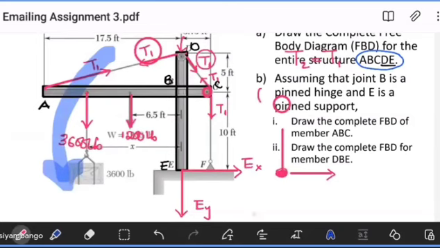So if you are dealing with a pin support, then we expect that there will be a reaction to rotation. So not a pin, a fixed support. A fixed support also prevents rotation, so we expect that at this support, there will be a reaction to rotation. I can do this and say that reaction will come out in the form of a moment, a couple moment.